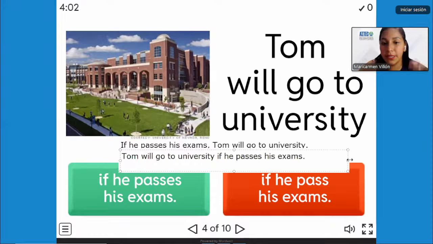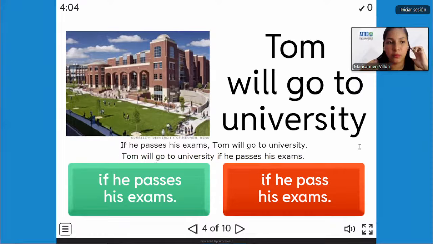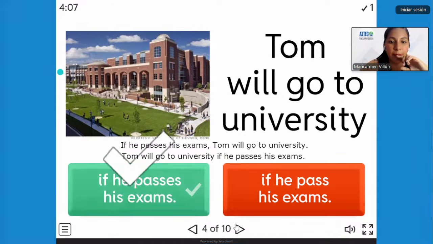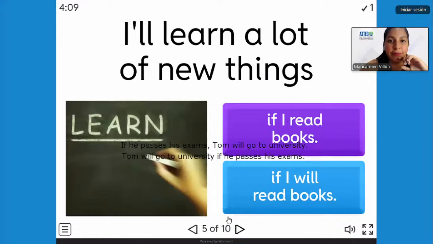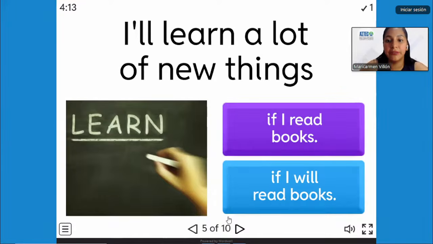All right? Very easy, right? Let's continue. Number 5. I'll learn a lot of new things. I'll or I will. There's a contraction there. ¿Qué dicen, chicos? ¿Qué dicen?